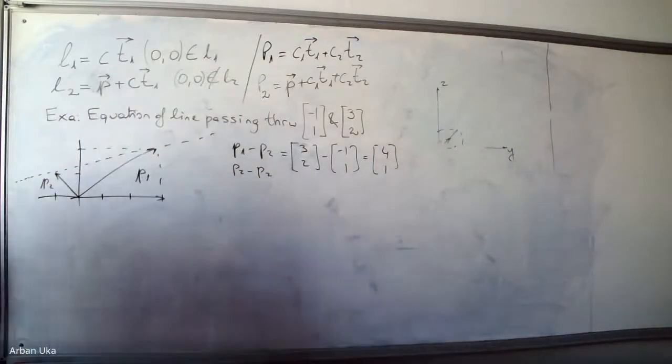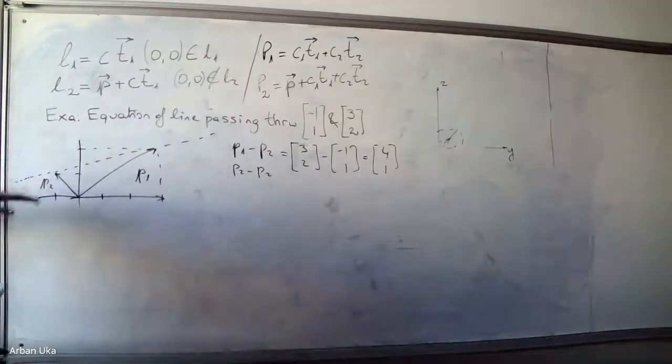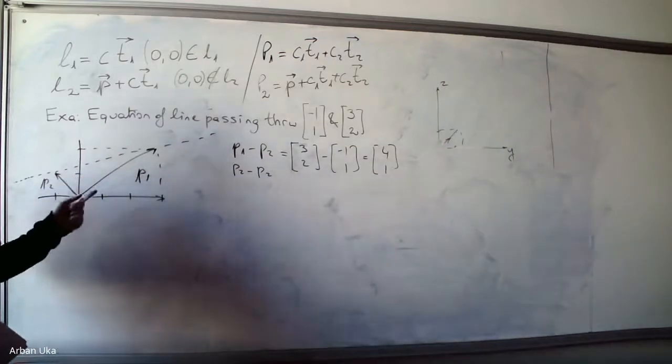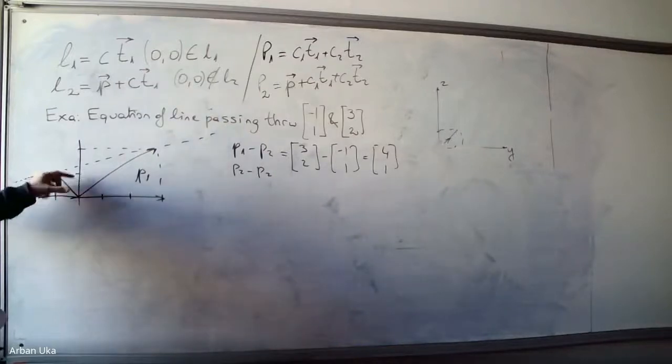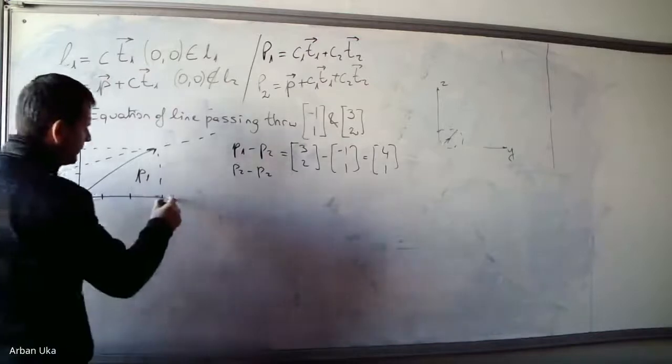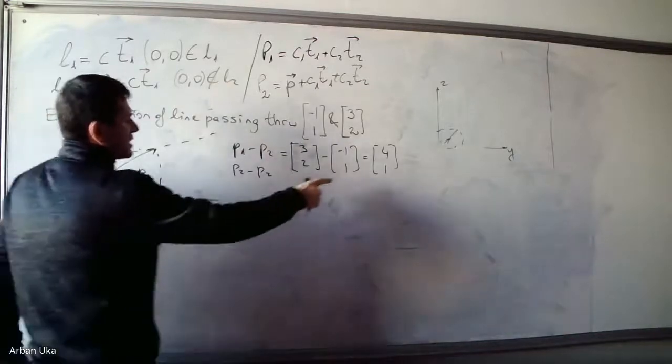So it looks like a vector or a line which passes through these two points, and we tried to draw this to scale as much as possible, which means that this is 1 unit, 1 unit, 3 units. Fair enough, it doesn't look that bad. And we got an answer (4, 1).